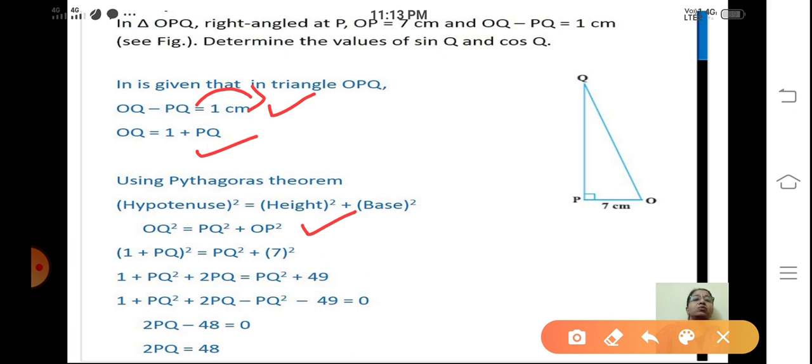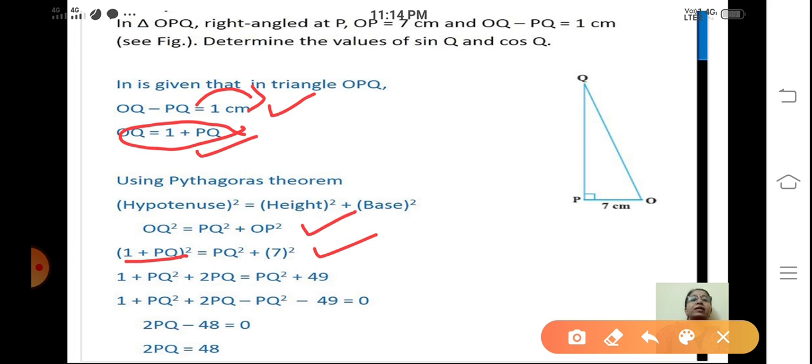Now whatever values are known to you, let us substitute. So from this equation, substitute OQ is equal to 1 plus PQ the whole square, equals PQ square plus OP, which is 7 centimeter, so 7 square.